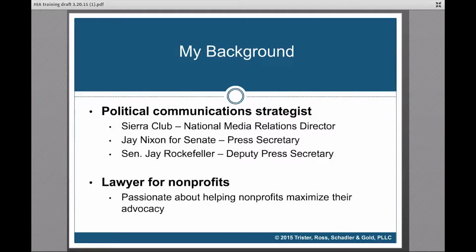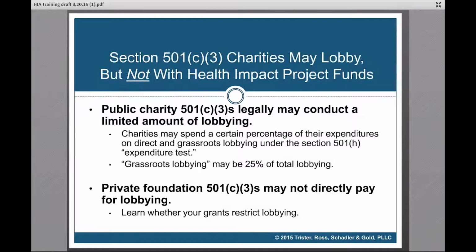Briefly, a little bit about my background. I came out of the nonprofit world and out of the political world to become a lawyer who specializes in helping nonprofits. I love to help nonprofits maximize their advocacy because too often we find that nonprofits don't go all the way up to the line.